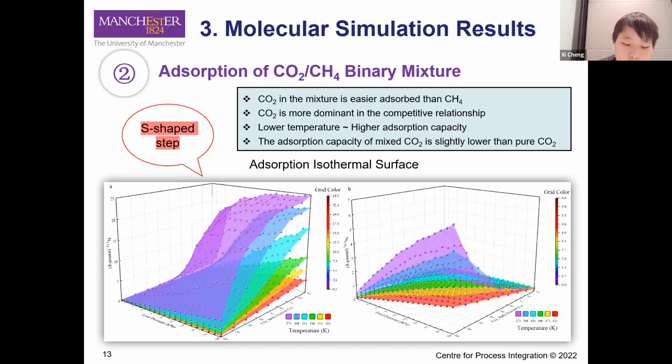This is because there is a competitive relationship in the adsorption of the binary mixture, and CO2 obviously plays the dominant role. CH4 occupies a small number of CO2 adsorption sites, so it results in a slight decrease in the CO2 capacity in the binary mixture.